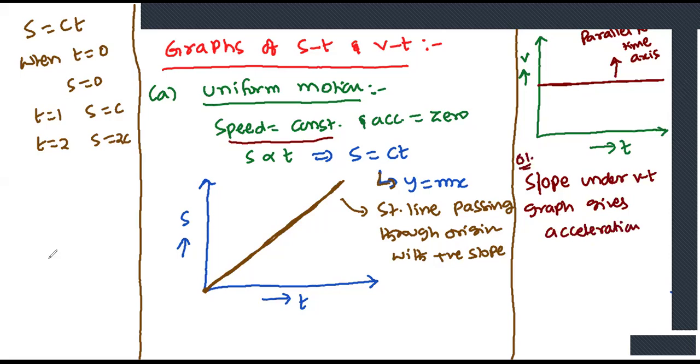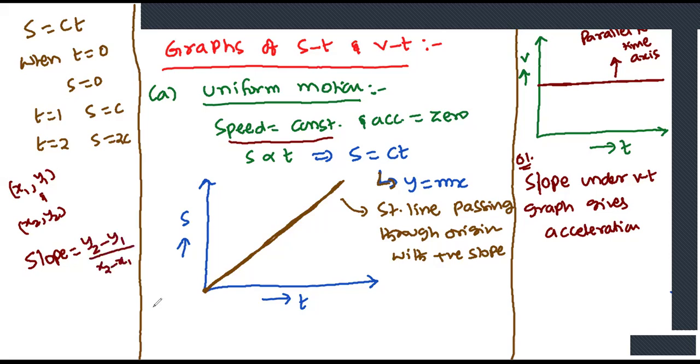What is the formula for slope? If we have two points, x1 comma y1 and x2 comma y2, what is the slope formula? It is y2 minus y1 by x2 minus x1.